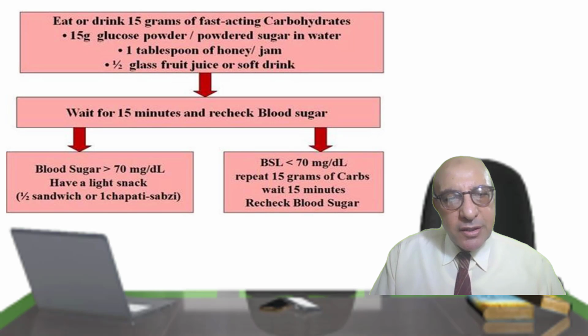If the blood sugar rises above 70 milligrams per deciliter, he should have a light snack of carbohydrates. But if the blood sugar is still less than 70 milligrams percent, he should again take another 15 grams of carbohydrates and wait for another 15 minutes to recheck blood sugar.